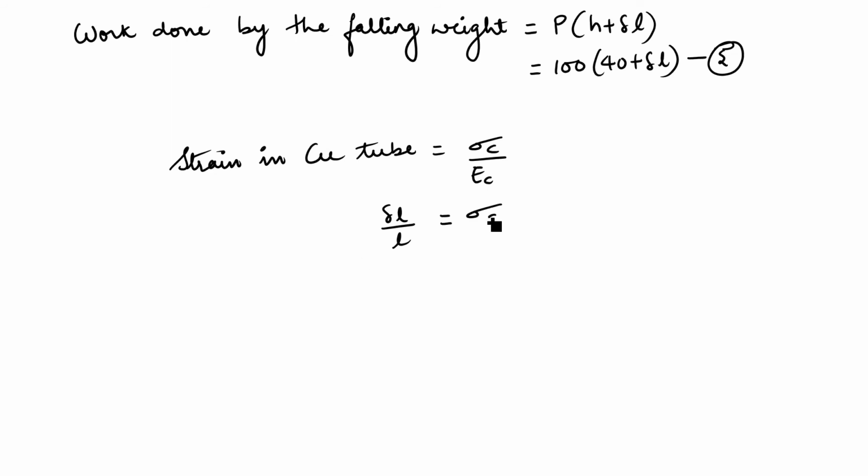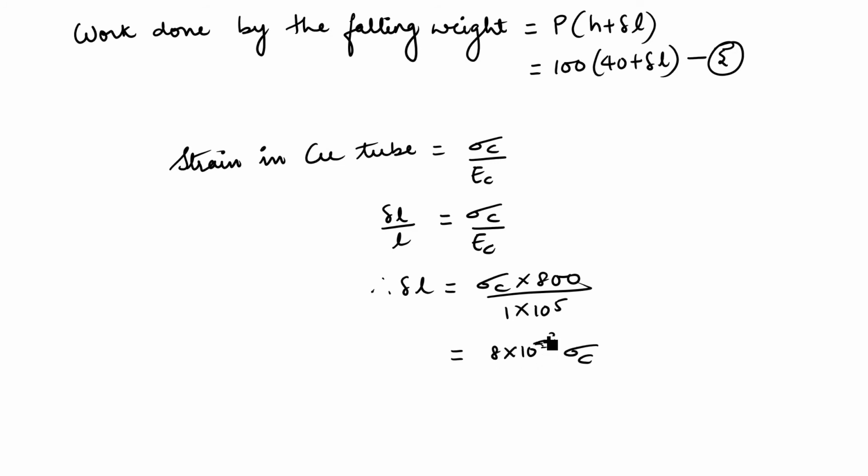So this will be sigma C upon EC. Now therefore delta L can also be calculated as sigma C into L, which is 800, and EC, which is 1 into 10 raised to 5. When I solve this, I get 8 into 10 raised to minus 3 sigma C. Now this is the formula for delta L. I can mark it as equation 6.